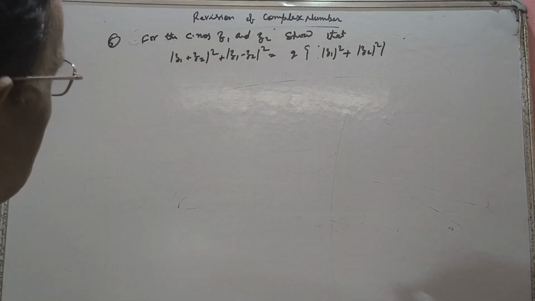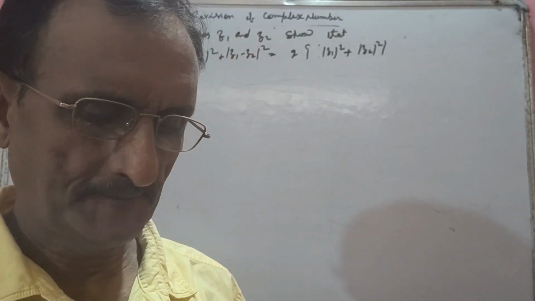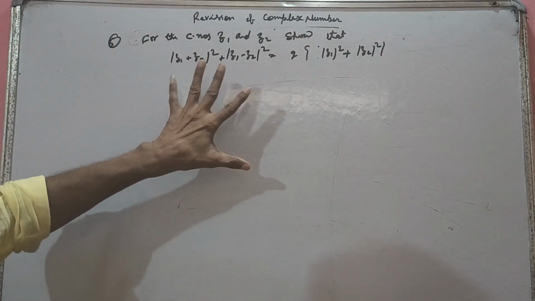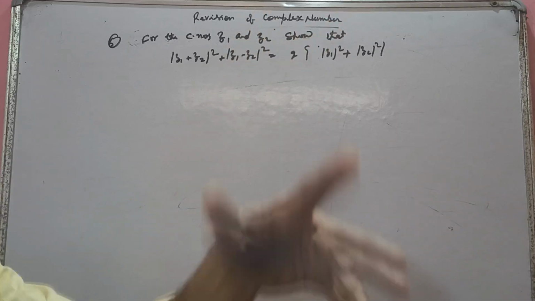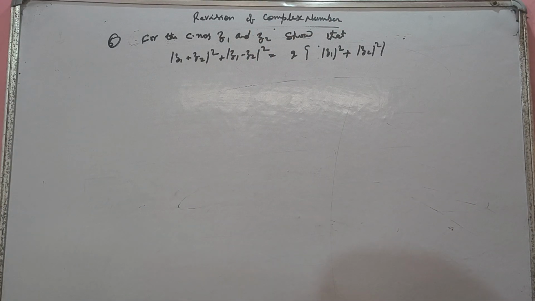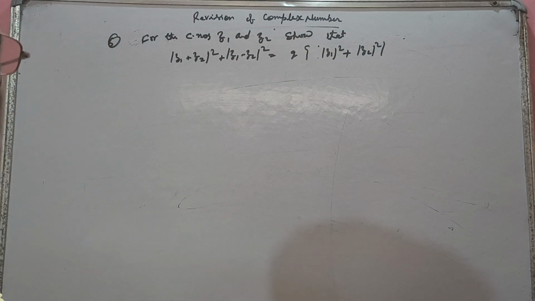See, it can be done in a different way, okay? Before also we have done taking the two complex numbers Z1, Z2 as a plus ib, c plus id, then simplifying the RHS. The other way also can be done, and you should know this property. What is the other way? You should learn to use the property of modulus.